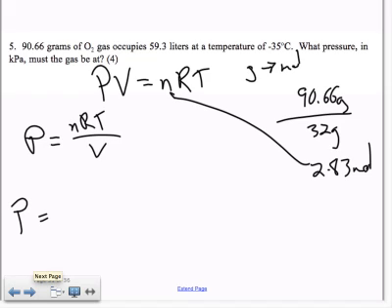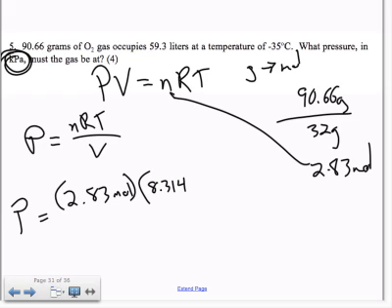So P equals 2.83 moles times R, and since we're being asked to find the pressure in kPa, we have to look up the value for R that goes with kPa, and that value is 8.314.